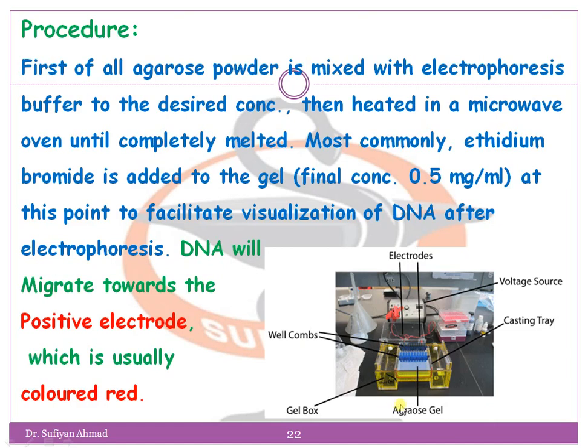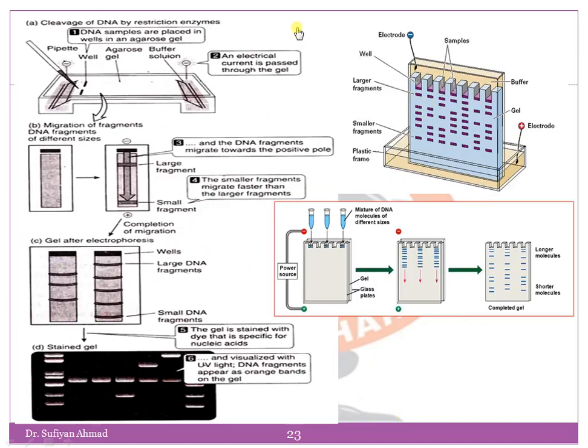After the gel has solidified, the comb is removed, using care not to rip the bottom of the well. The gel, still in its plastic tray, is inserted horizontally into the electrophoresis chamber and just covered with the buffer.